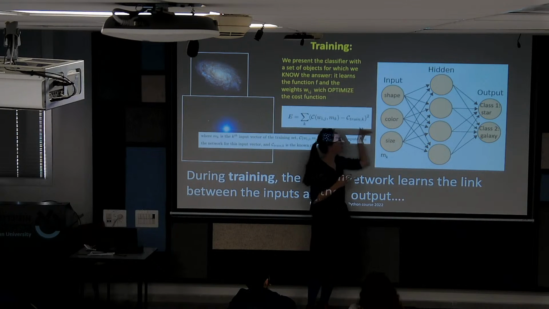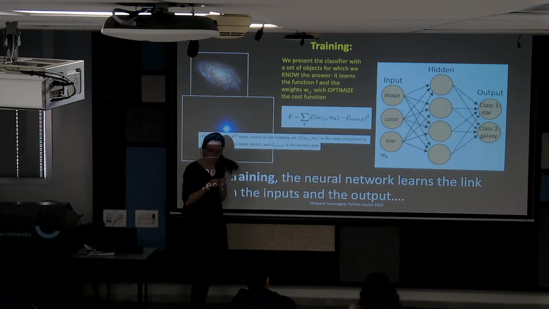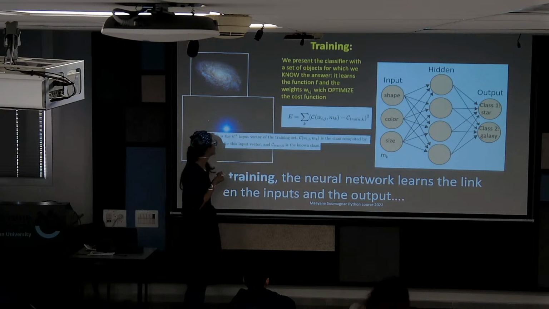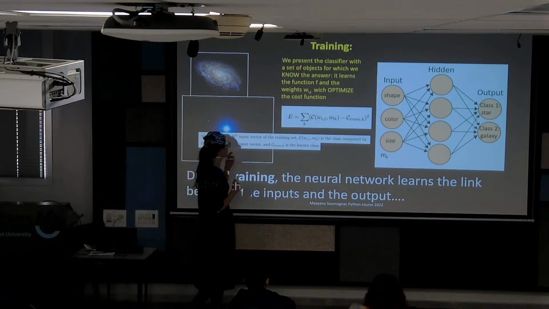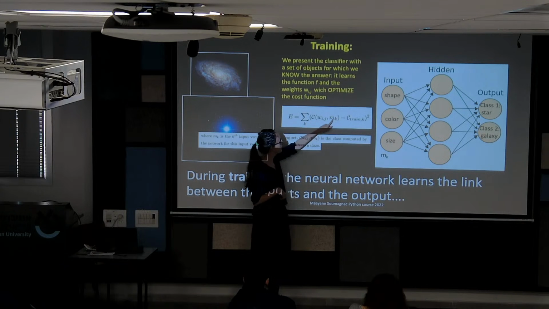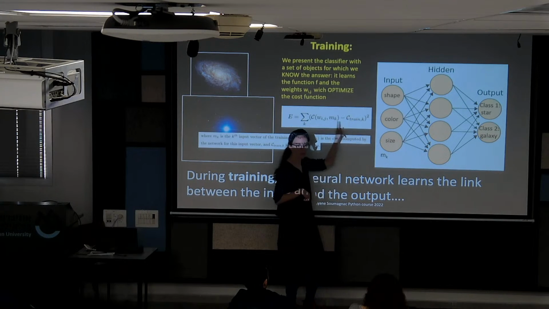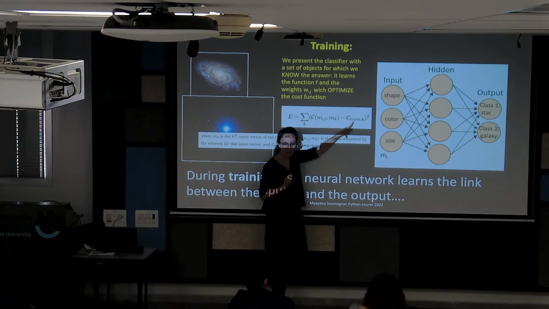So it's receiving all these properties, and then what does it do? It's important to understand there is no magic here. It optimizes a function which is called the cost function. It tries to minimize this function. This is the function that it will suggest. It's a function of the input parameters and the weights, and this is the true answer that we give it.